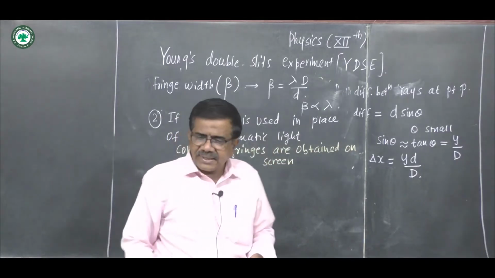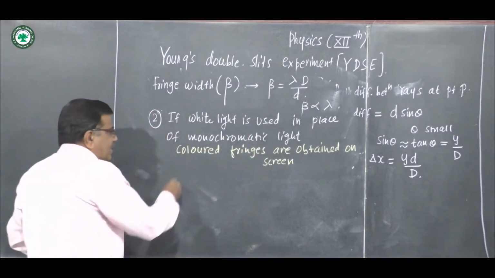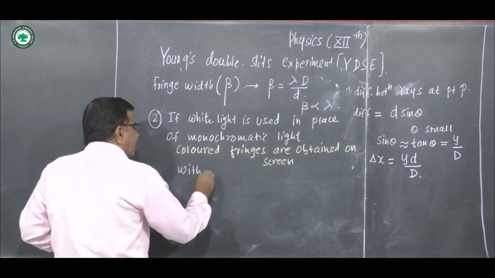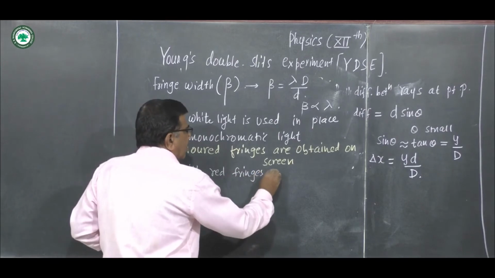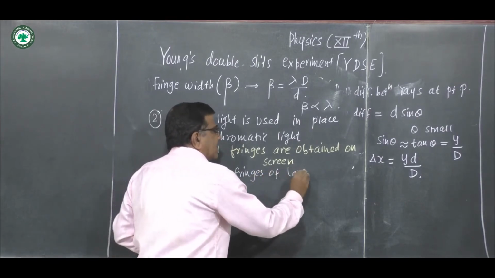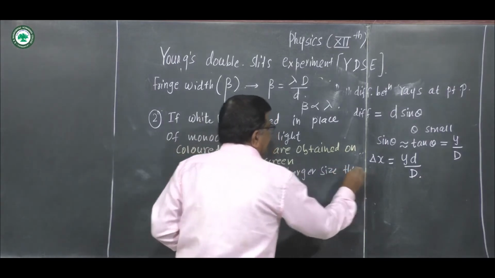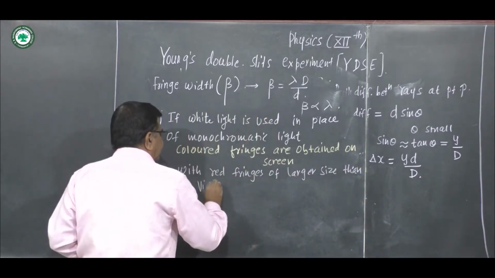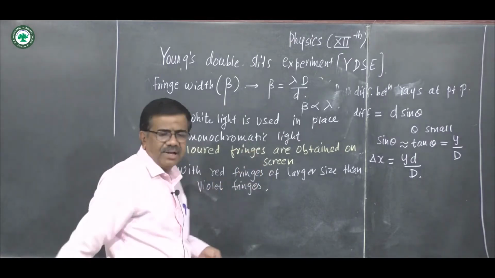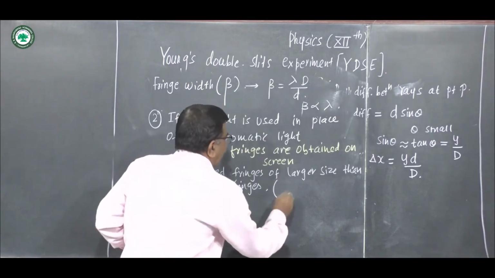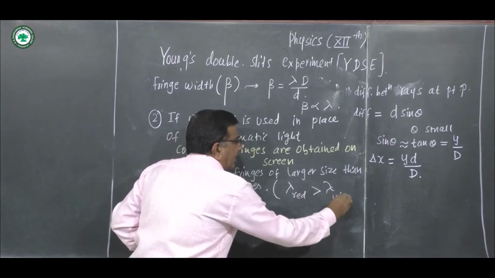Colored fringes are obtained on the screen with red fringes of larger size than violet fringes, because the wavelength of the red color is greater than the wavelength of the violet color.